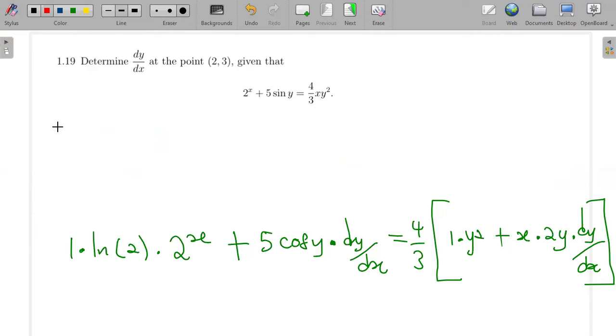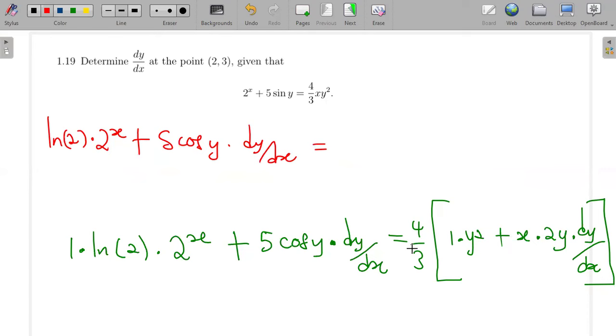So this one here gives me ln 2 multiplied by 2 to the power x, plus 5 cos y dy/dx is equal to, here I can multiply throughout by these things.